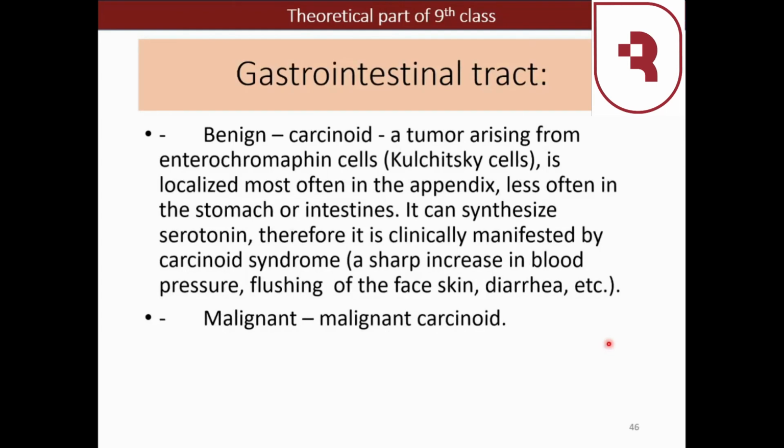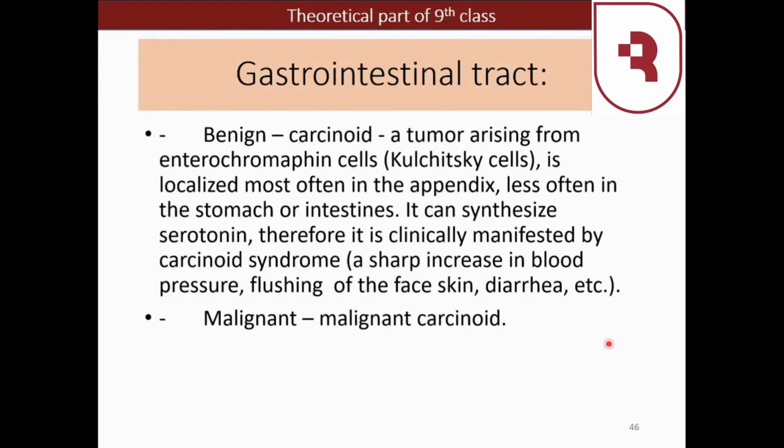Gastrointestinal tract. In benign tumors, we should mark the carcinoid, a tumor arising from epitheliochromaffin cells or Kulchitsky cells. It's localized more often in the appendix, less often in the stomach or intestines.